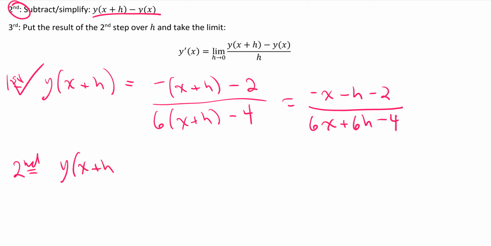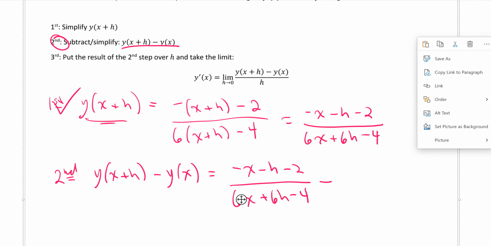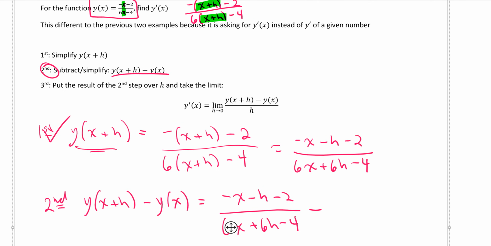Y of x plus h minus y of x is what we just figured out, y of x plus h. So negative x minus h minus 2 all over 6x plus 6h minus 4 minus y of x, which is the function itself as given. So now we need to write minus negative x minus 2 over 6x minus 4.